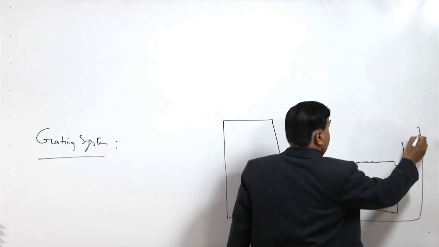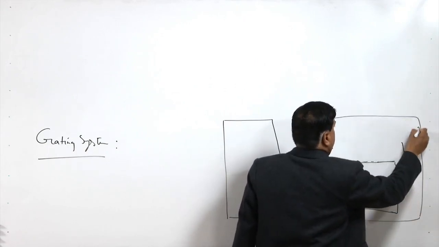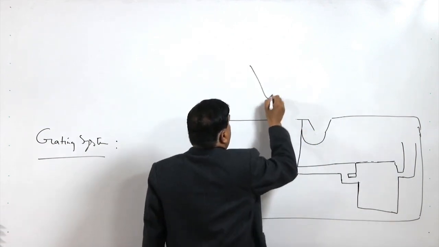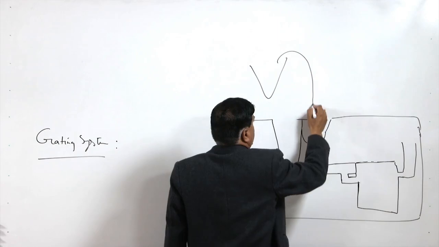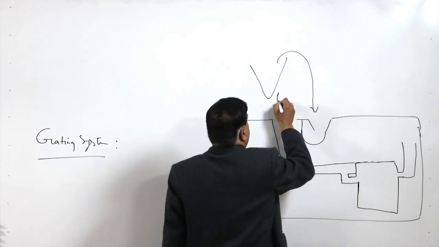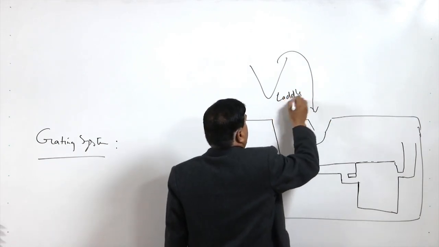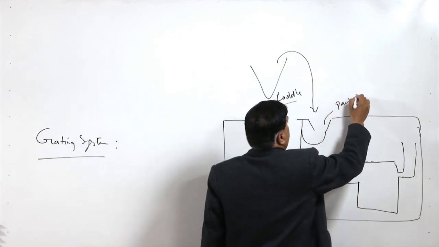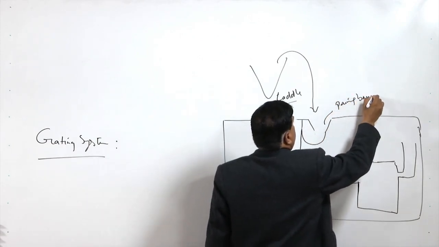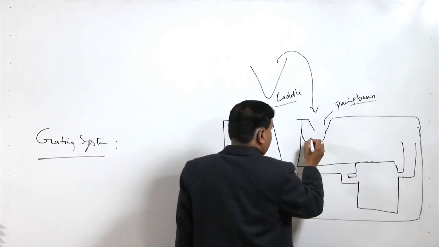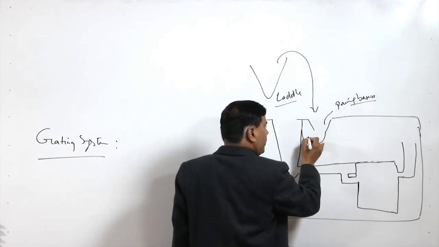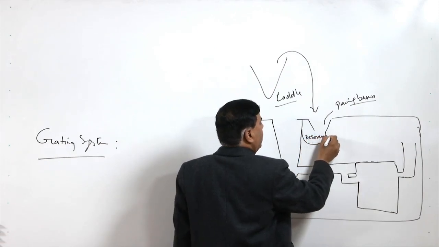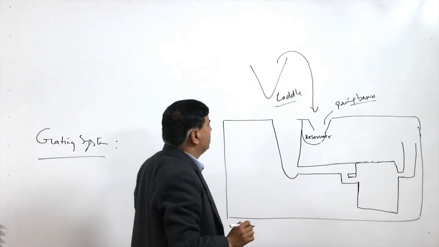It goes in like this. So, actually from the ladle molten metal is poured. So, say this is the ladle and it is poured into the pouring basin. This pouring basin acts as a reservoir of the molten metal.